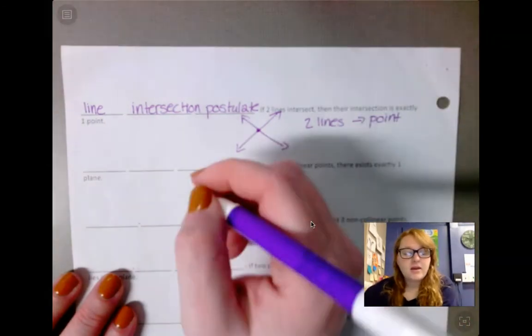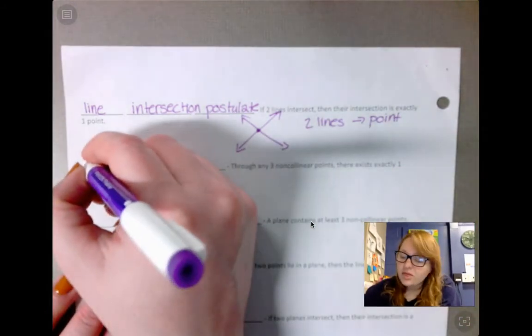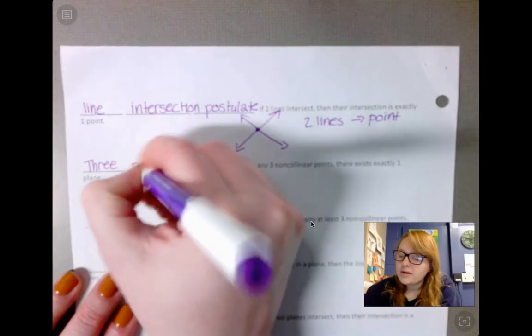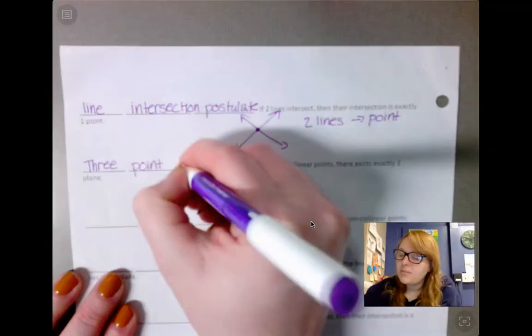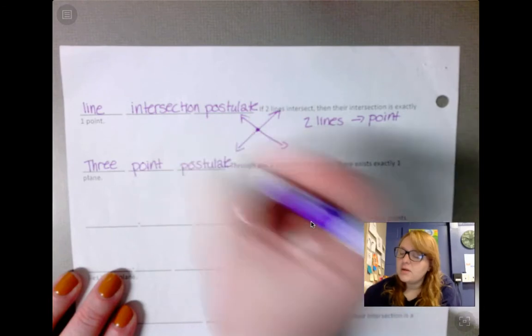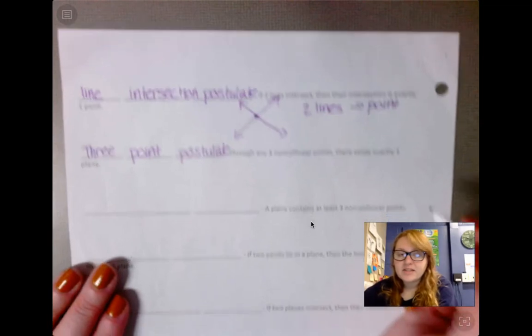Okay, the next one is the 3-point postulate. And that one says through any 3 non-collinear points, there exists exactly 1 plane.